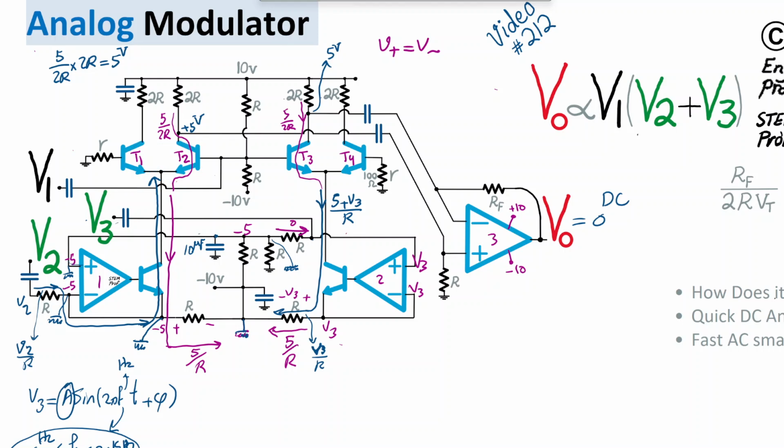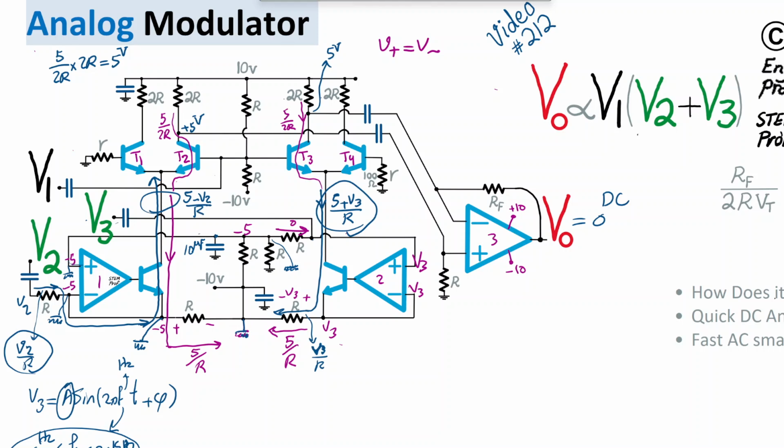Well, there are two currents going through this route. One is the AC current that I just showed you, which is V2 over R, going upward, the default direction as long as V2 is positive. The other one is the downward current, which is 5 over R. So in contrast to 5 plus V3 over R, the total current here is going to be 5 minus V2 over R, because of the direction.